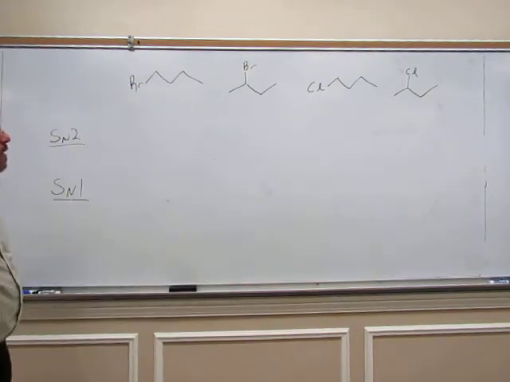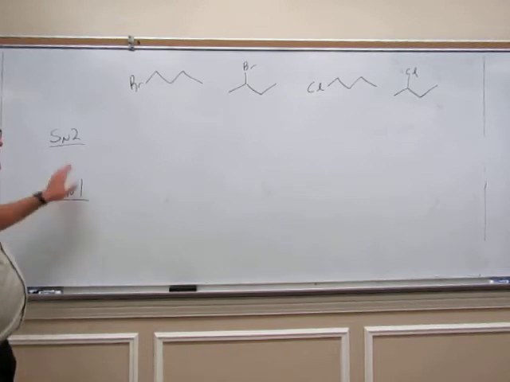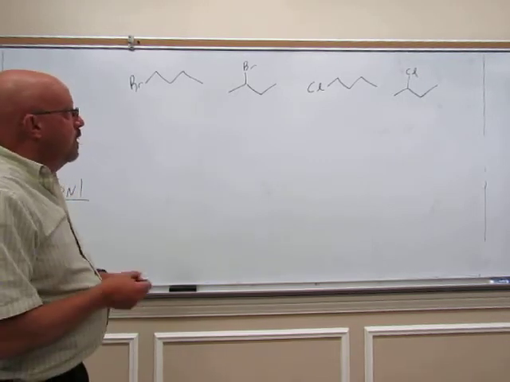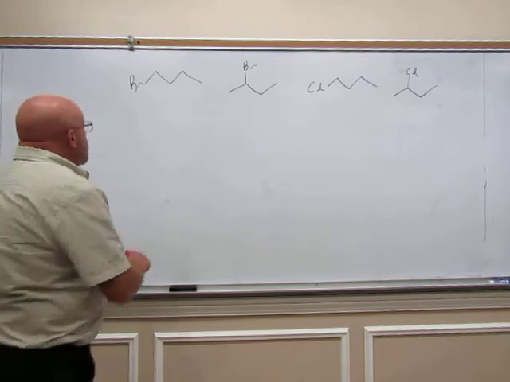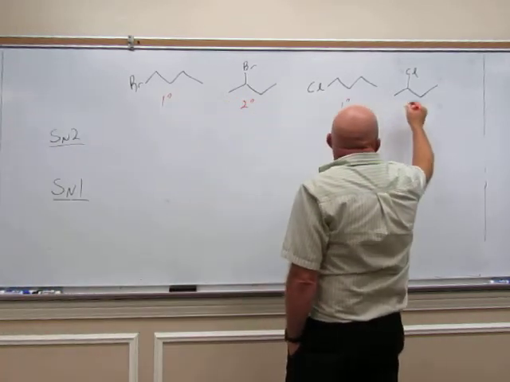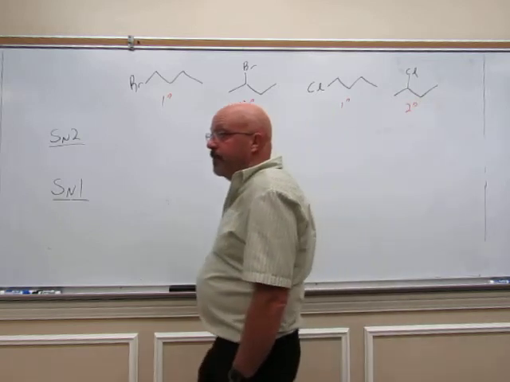We have bromo groups and chloro groups. Bromo group is a better leaving group. We talked about that. It's a better leaving group than the chloro group. Let's look at SN2. Well, let's first classify our alkyl halides. We have a primary, secondary, primary, secondary.